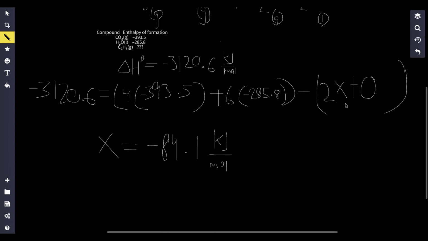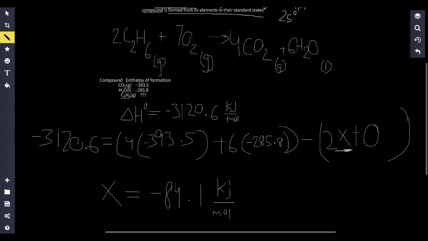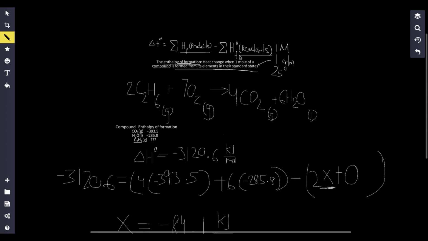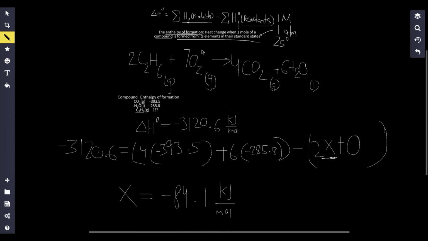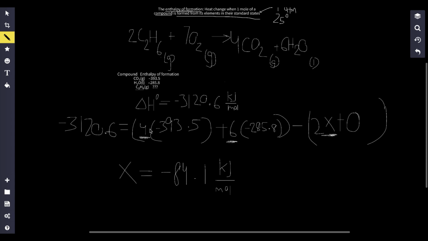And solving for the enthalpy of formation for C2H6, ethane, we're going to get -84.1 kilojoules per mole. And that is going to be our answer. So the only thing you really need to worry about when doing this problem is that it's products minus reactants. The other thing is to remember to put in the coefficients from your balanced equation, and place those wherever they're needed.